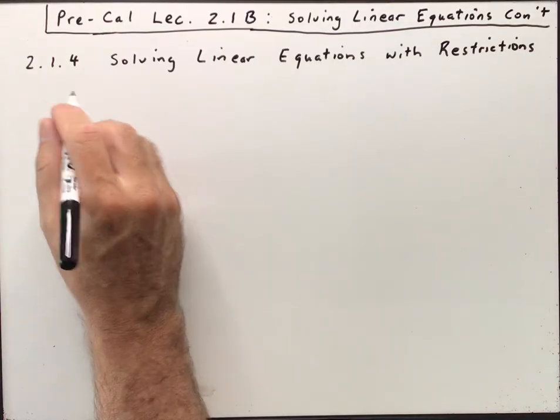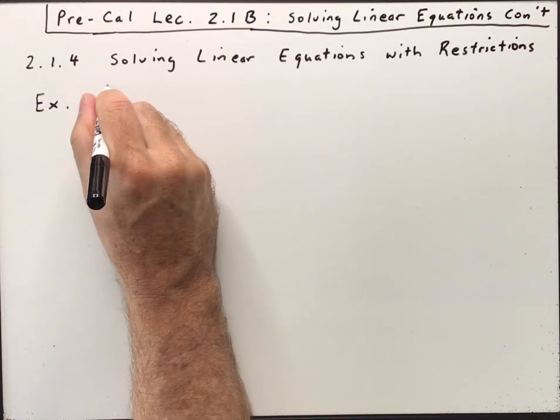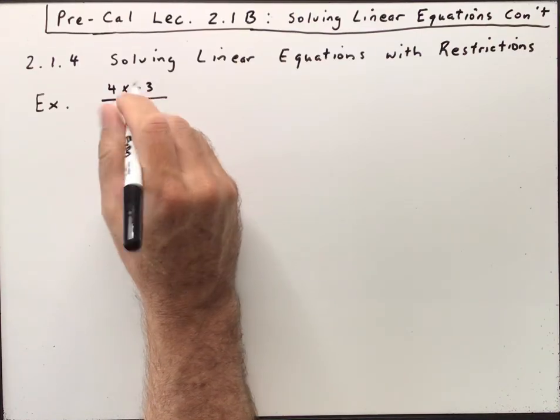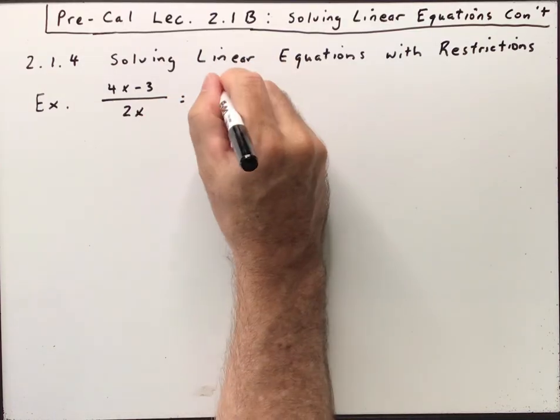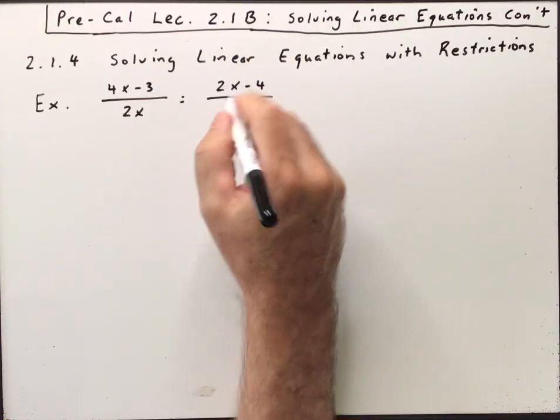Our example here would be 4x minus 3 over 2x is equal to 2x minus 4 over x minus 2.